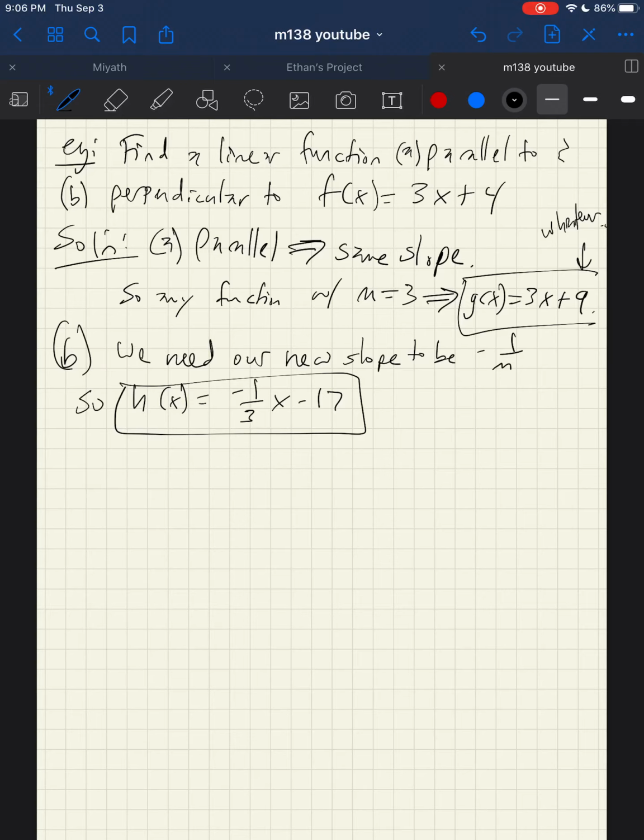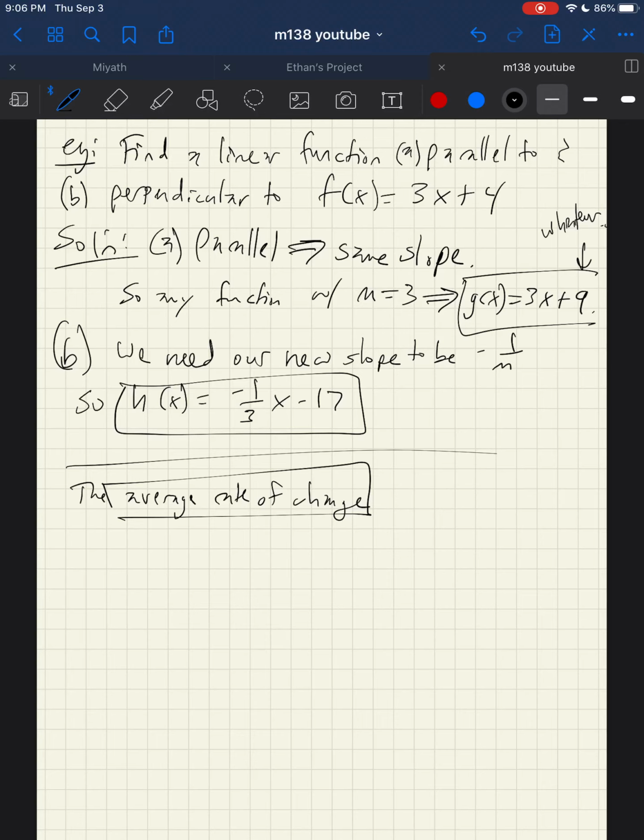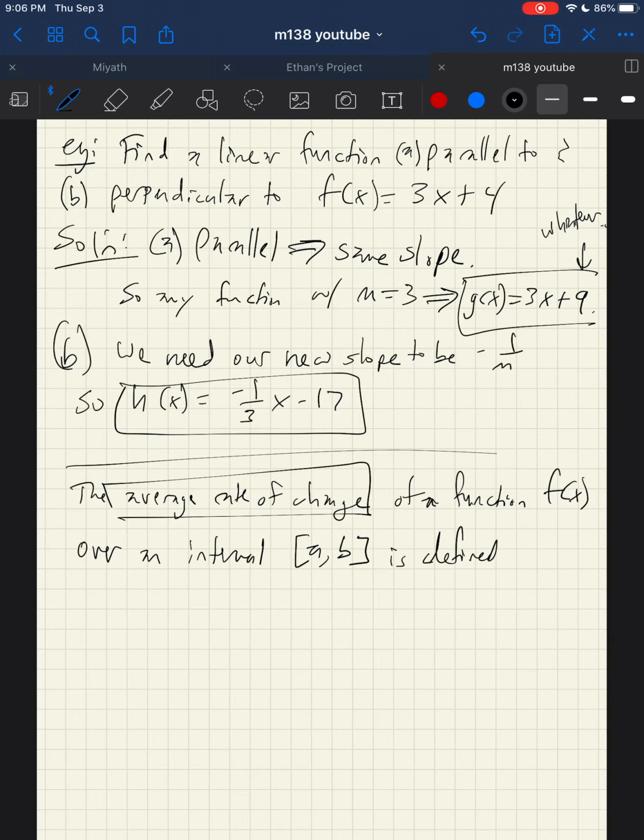Okay, so the last thing that I want to do with this lesson is define the average rate of change. So the average rate of change of a function f of x over an interval AB is defined, and here's how we write this.